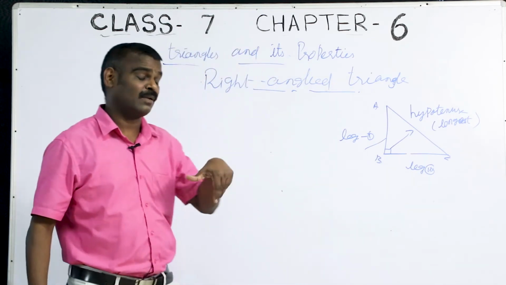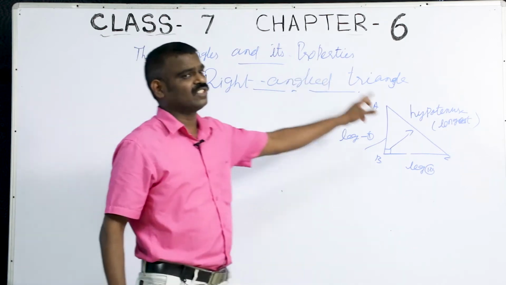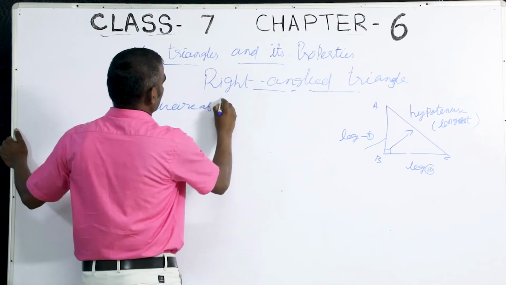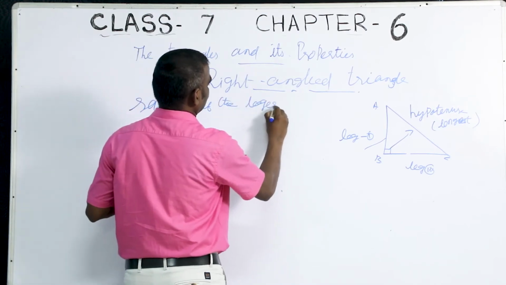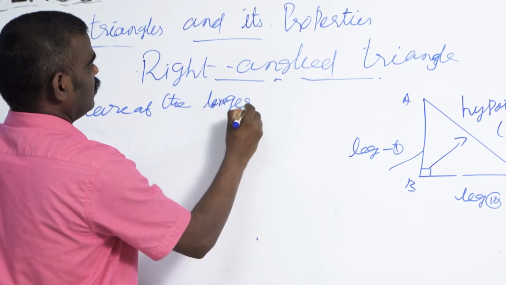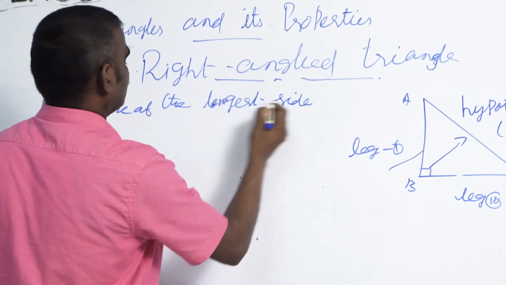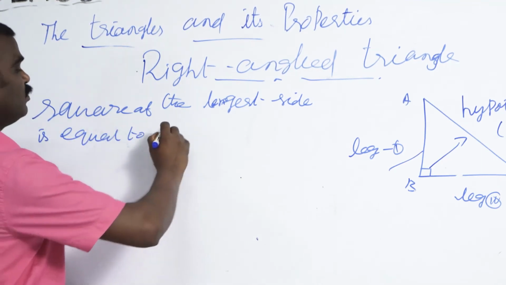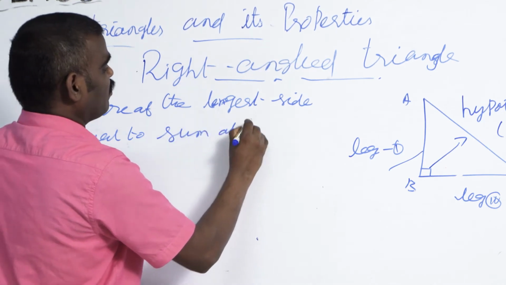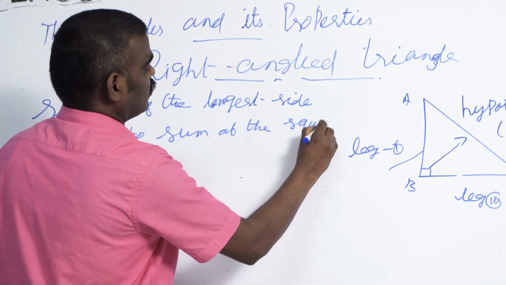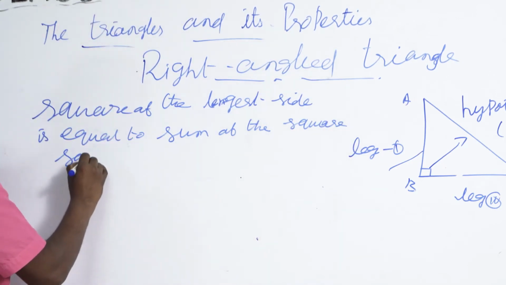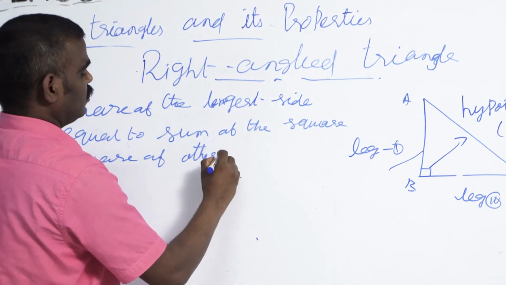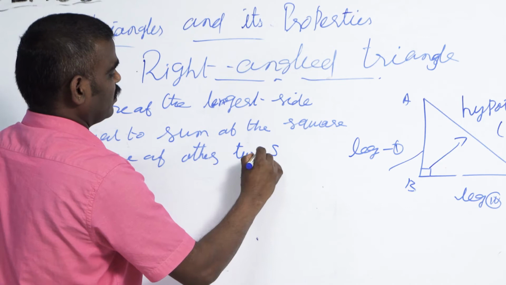Now what the Pythagoras theorem is telling is: the square of the longest side is equal to the sum of the squares of the other two sides.